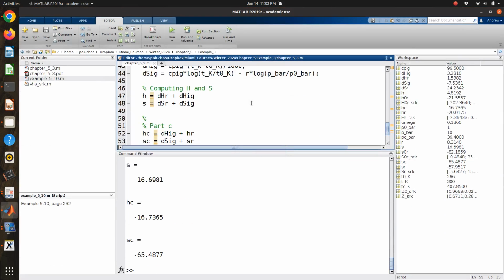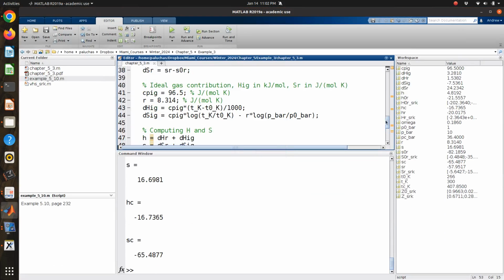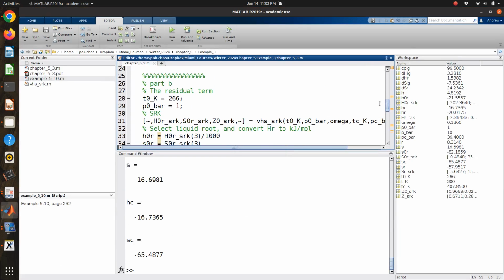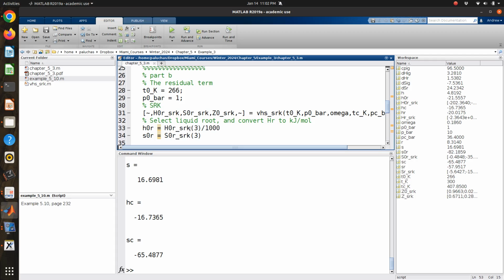So coming over to MATLAB, if I come back to where I was in B, I just pulled off the liquid phase because that's what I needed for B. This is at 266 Kelvin and 1 bar.